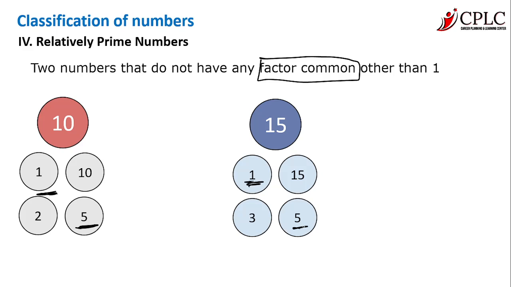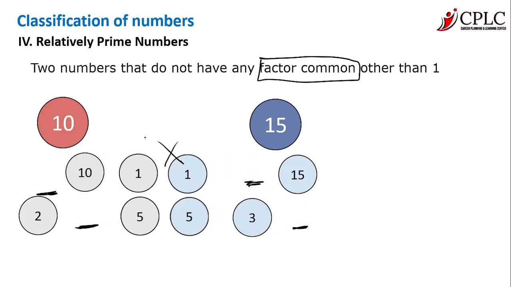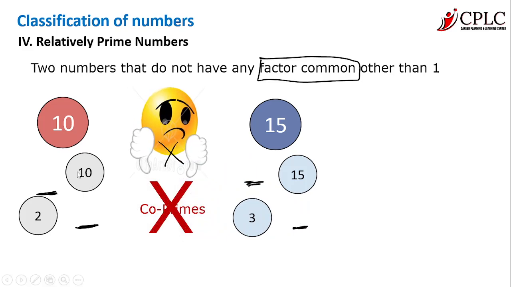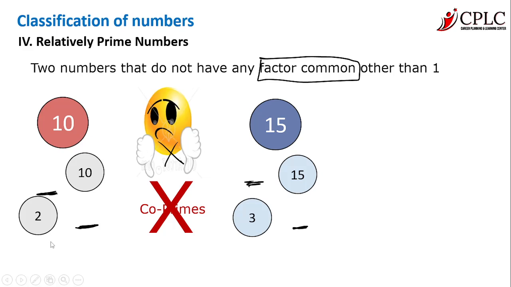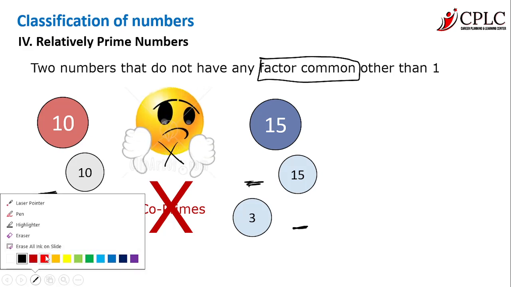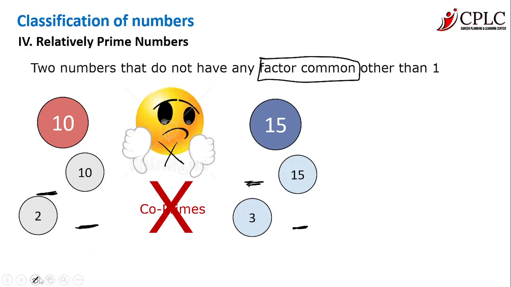So clearly they are not co-prime because they have more than one common factor. This is the way to figure it out in a very simple manner.